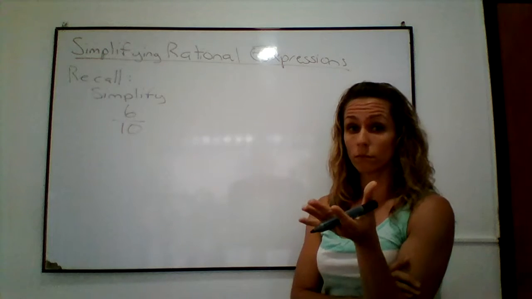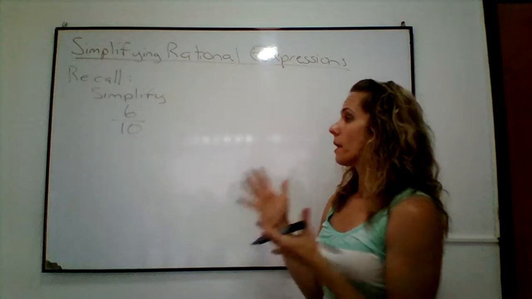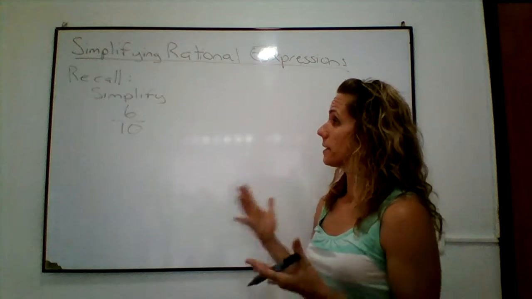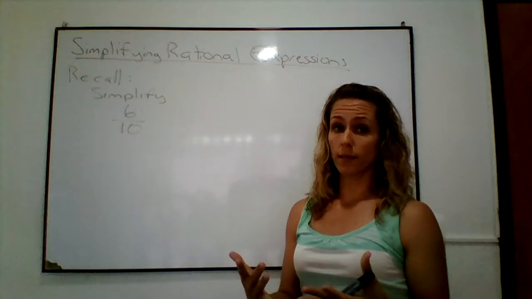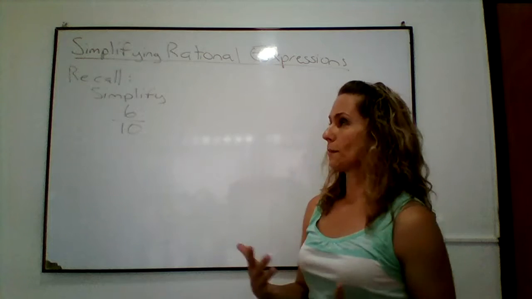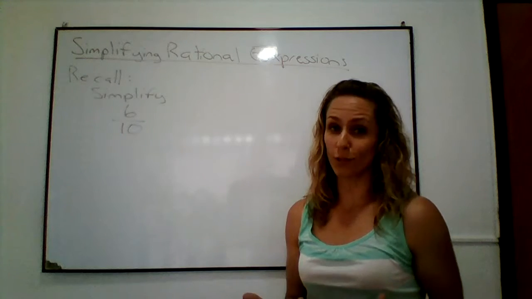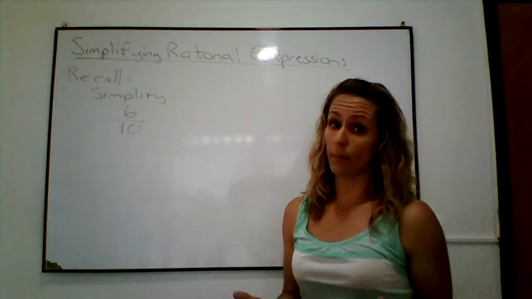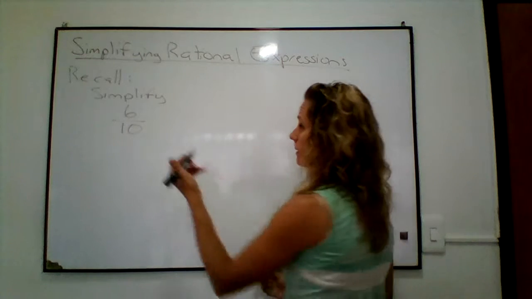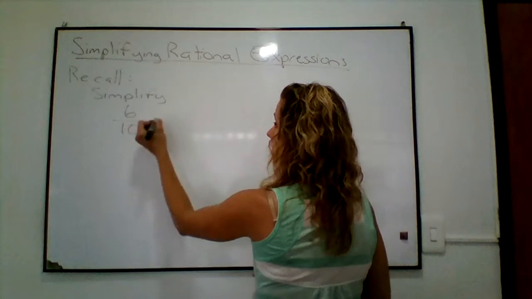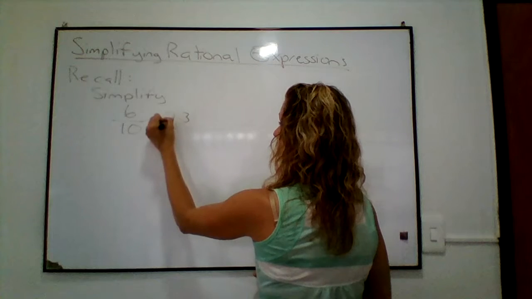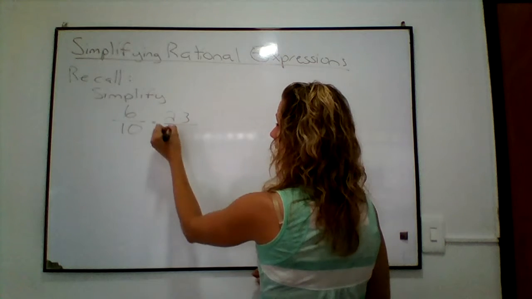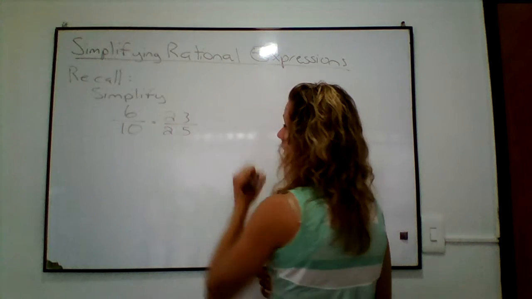Hopefully you're thinking 2. But a lot of students want to take that 6 and divide it by 2 and take that 10 and divide it by 2. But let's think about it a slightly different way. We know that 6 is 2 times 3, and we know that 10 is 2 times 5.